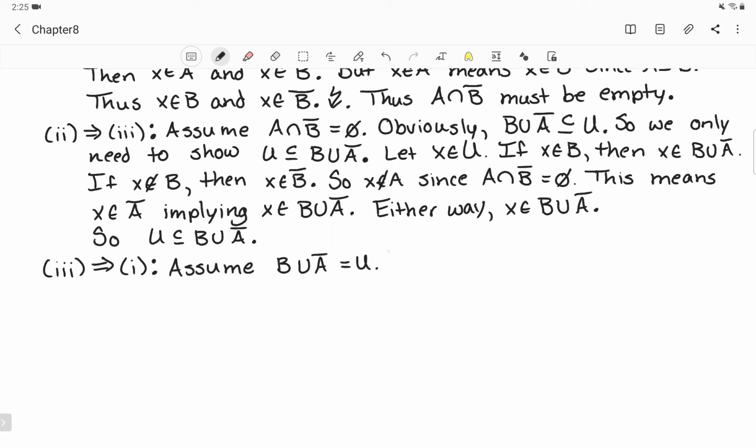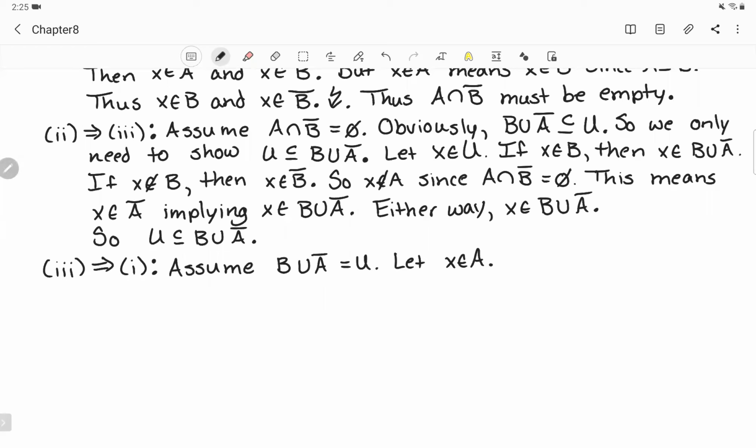A is a subset of B. So I'd better start with: let X be an element of A, and I want to get to the fact that X is an element of B. Well, if X is in A, it's definitely something from my universe, because that's all my elements. And what do I know for sure about X and A complement? It's not in A complement. So this is actually a pretty short little proof here, because the universe equals B union A complement and X can't be in A complement. It has to be in B. So that's our logic here.